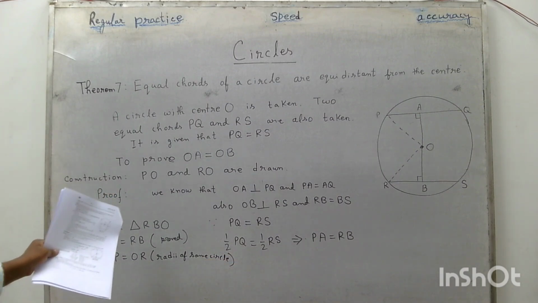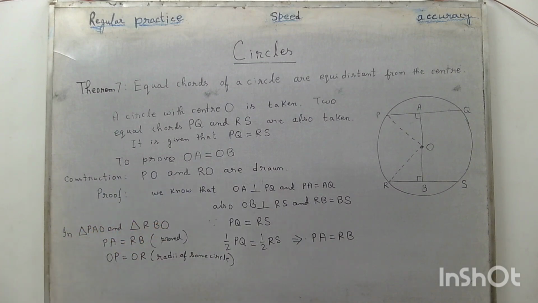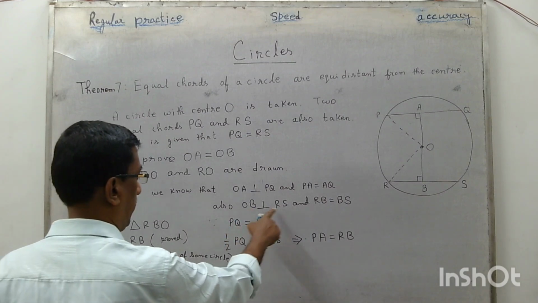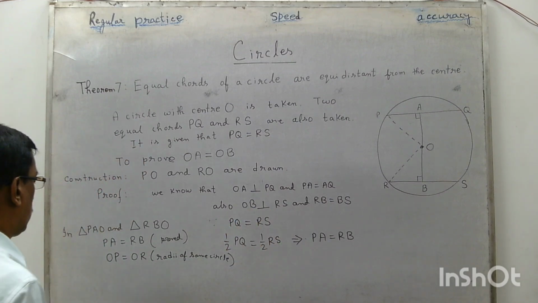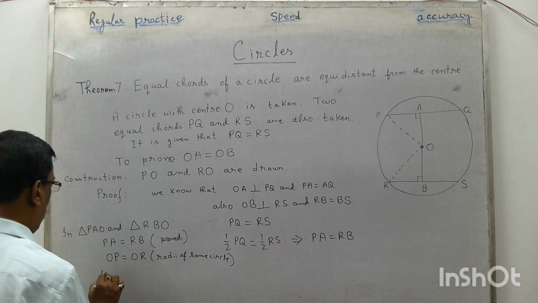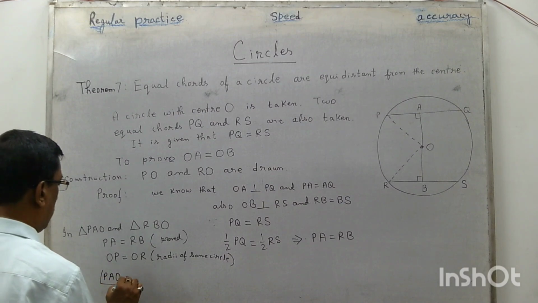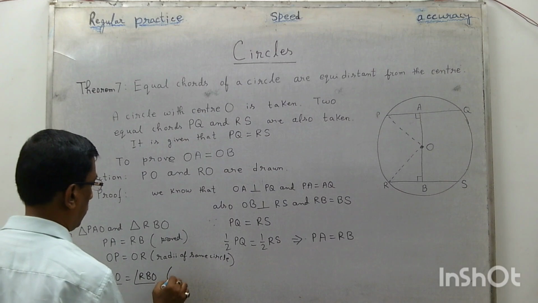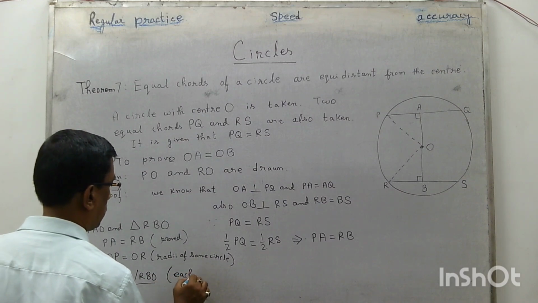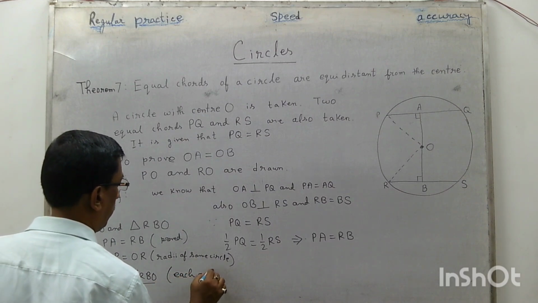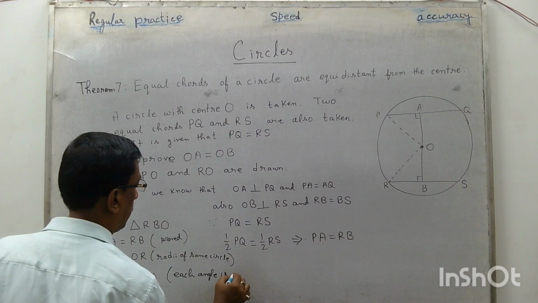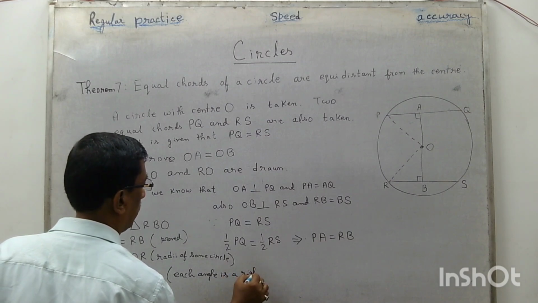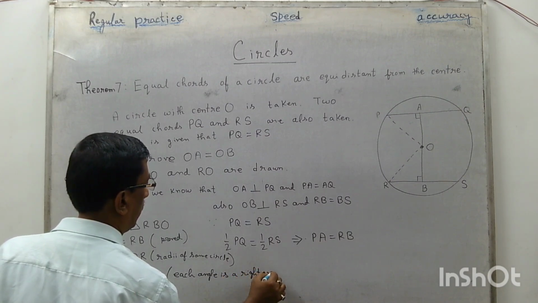And as we have stated that OA is perpendicular PQ and OB is perpendicular RS, so angle PAO equals to angle RBO. Each angle is a right angle.